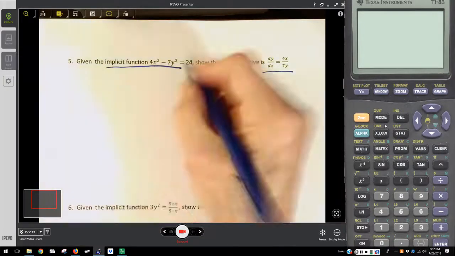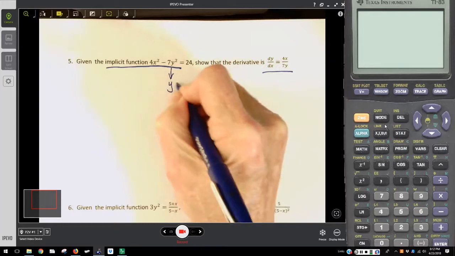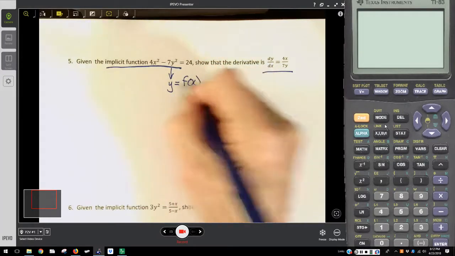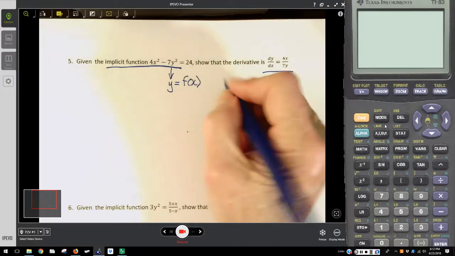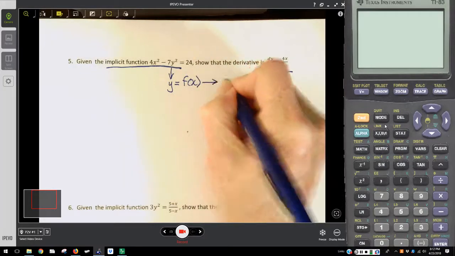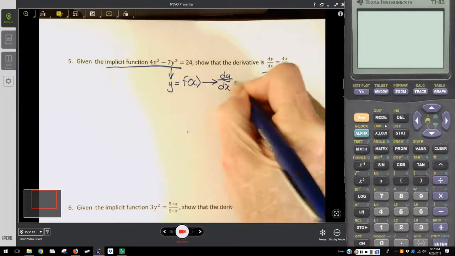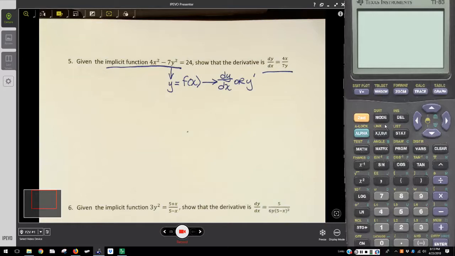So remember, in implicit differentiation, what you're doing is you're treating y as a function of x. So anytime you differentiate y, or anything that involves y, there's going to be a dy dx or a y prime. That's going to be a result of that differentiation.